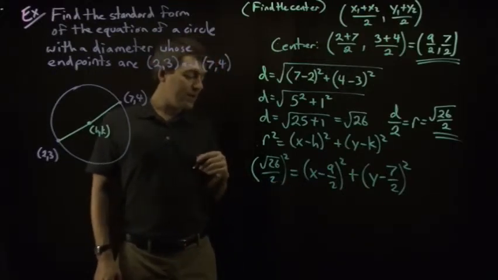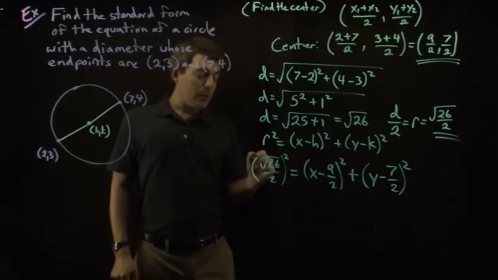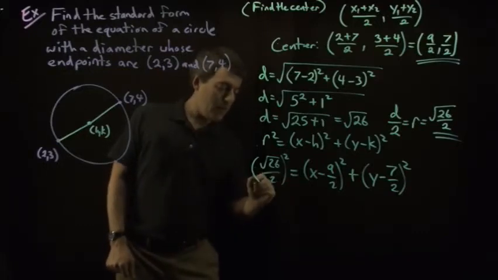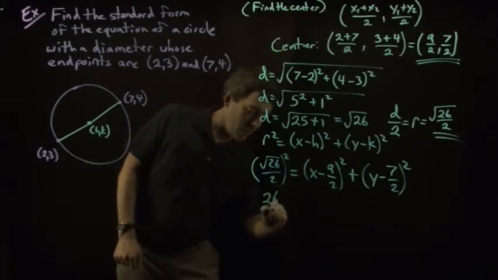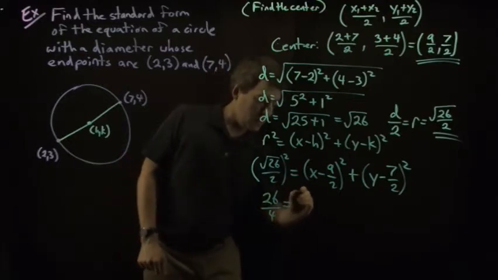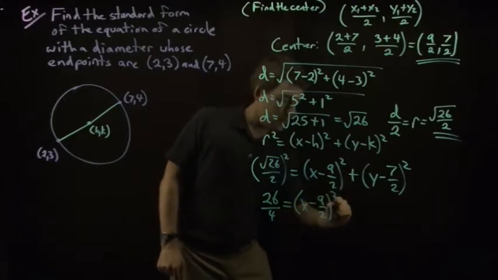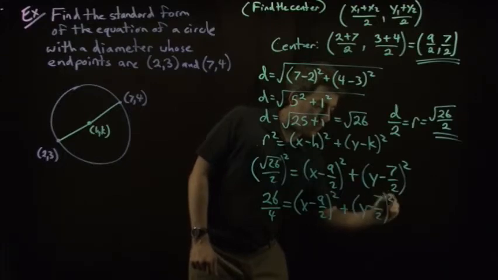And we can simplify this a little bit. If we square the square root of 26, we get 26, and if we square 2, we get 4. So we have 26 over 4 equals (x minus 9 halves) squared plus (y minus 7 halves) squared.